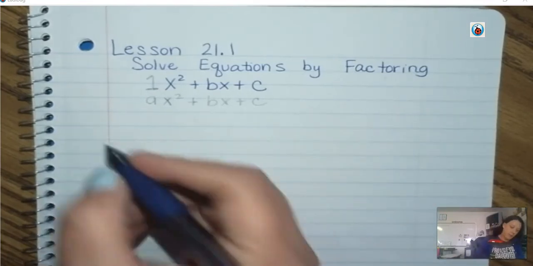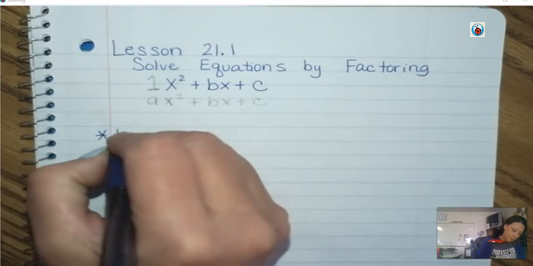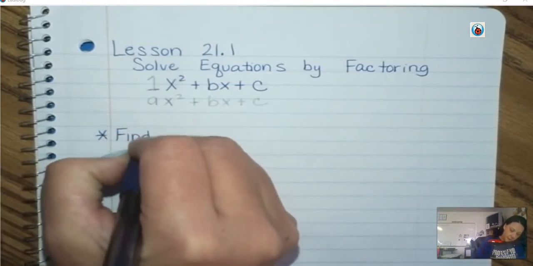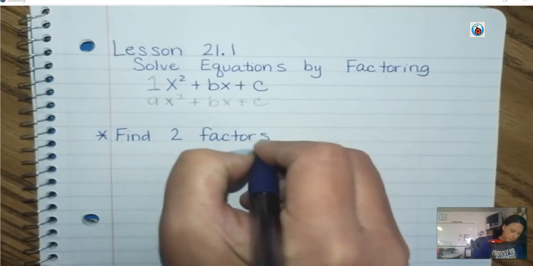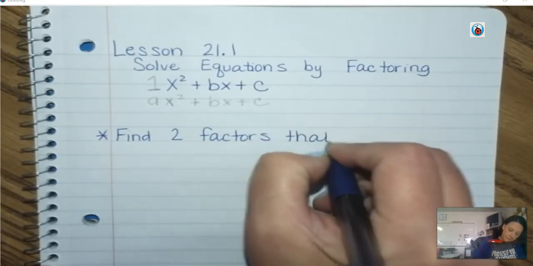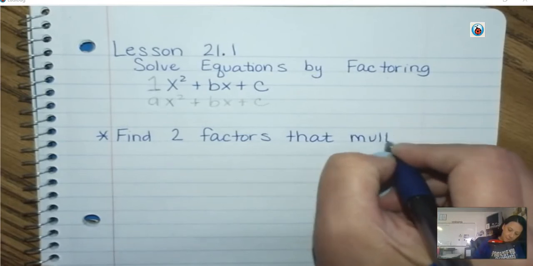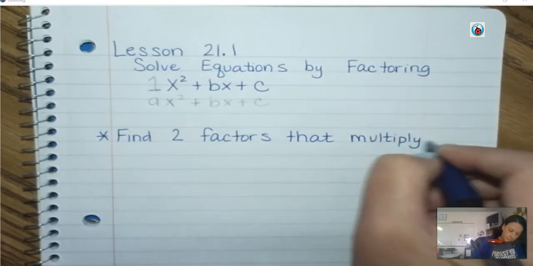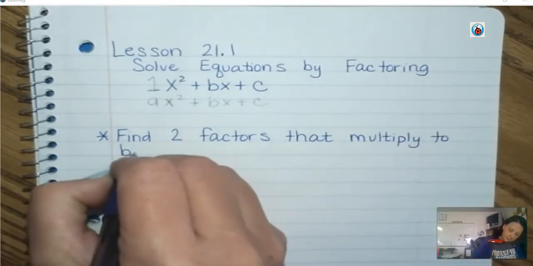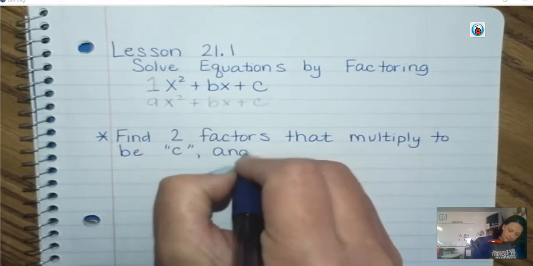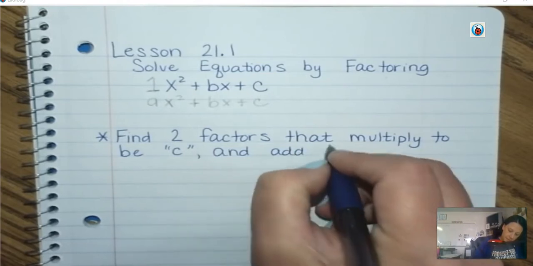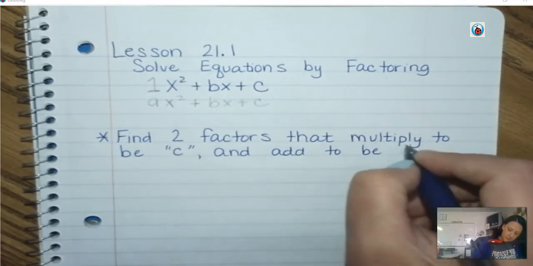So the first thing we need to do is find two factors that multiply to be your C number and add to be the B value.